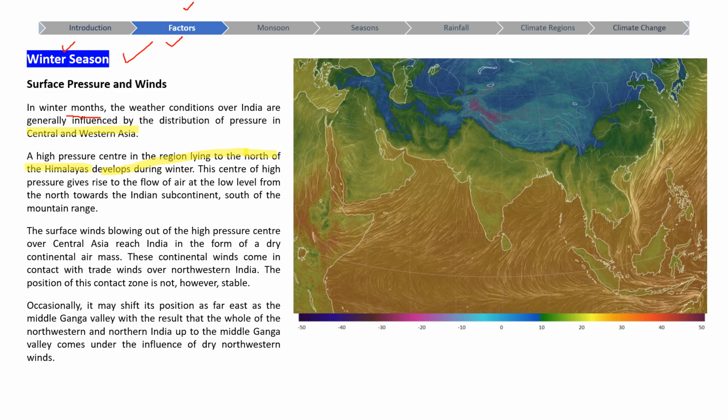As you can see on this map, this is the central Himalayan area, this is Central Asia, and another is this area. These two places play a very important role in shaping the temperature during the winter season.